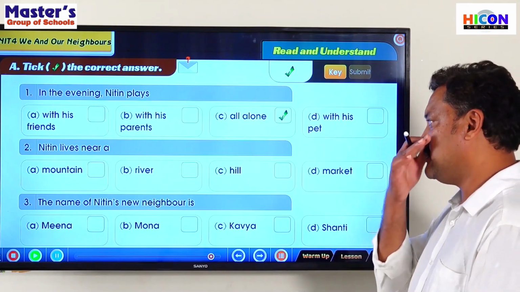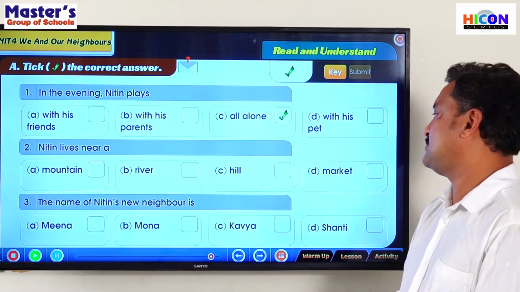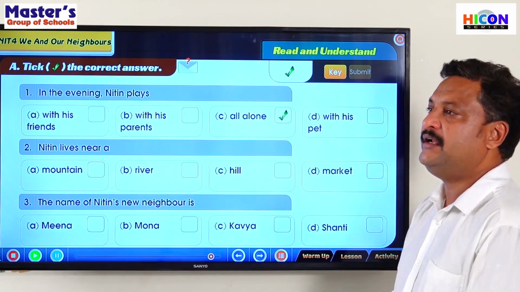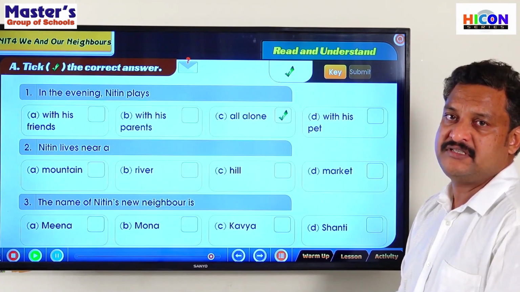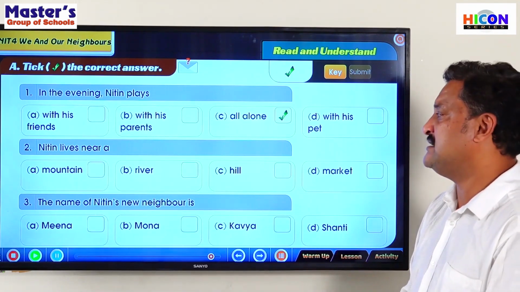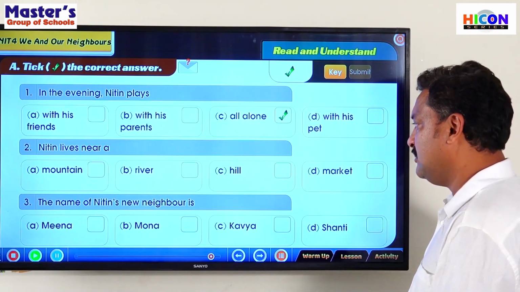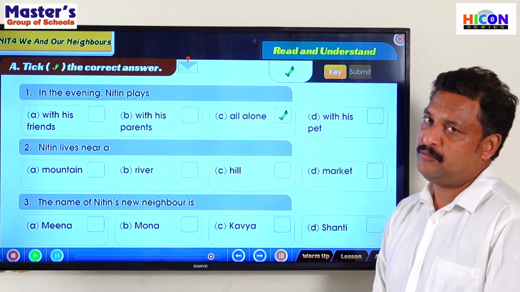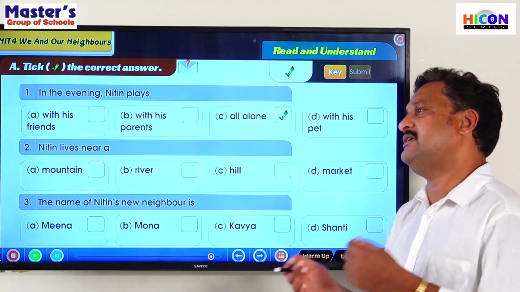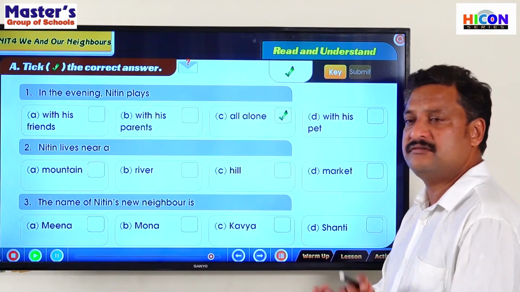Now the second sentence. Nitin lives near a dash. So where did Nitin live? His house was near a dash. What is that? Was it a mountain? Was it a river? A hill? Or a market? So what was there near Nitin's house? Was it mountains?